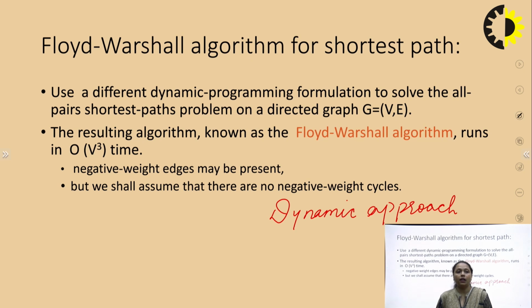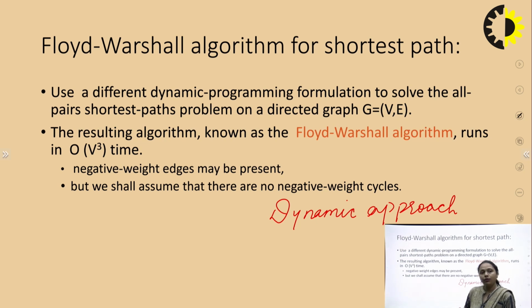The Floyd Warshall algorithm is basically used for calculating the shortest path between all the nodes of the graph. As we have discussed earlier also, in Dijkstra's algorithm, the algorithm generates the solution for single source shortest path, means from a single node we calculate the shortest path till the destination.